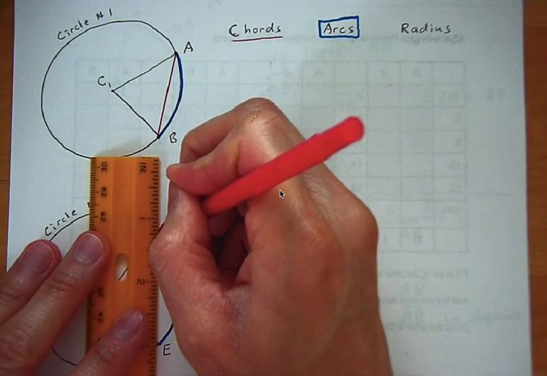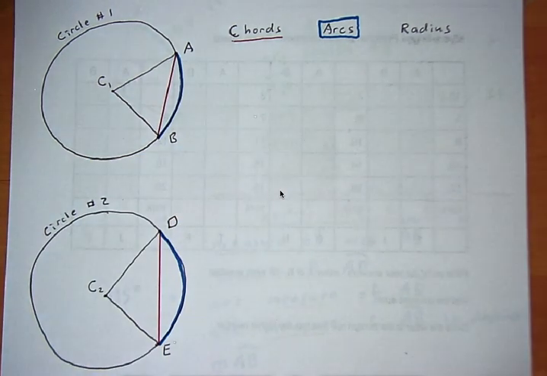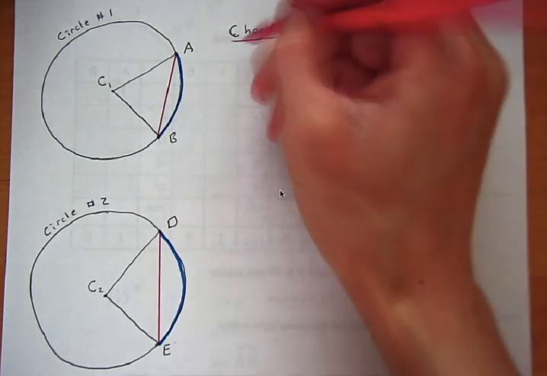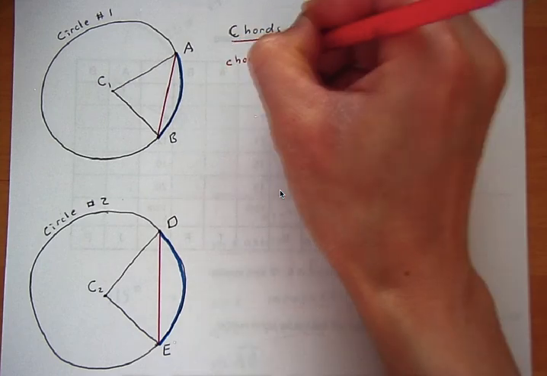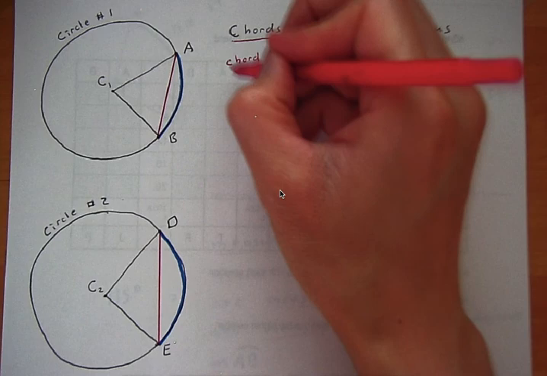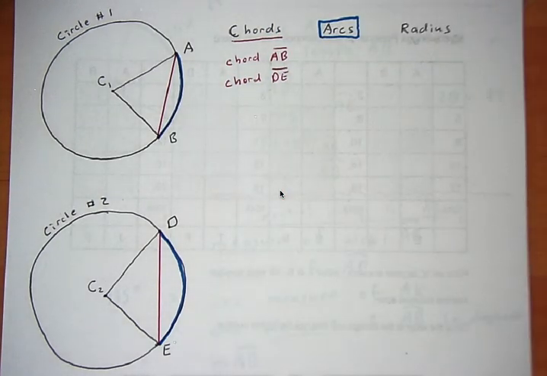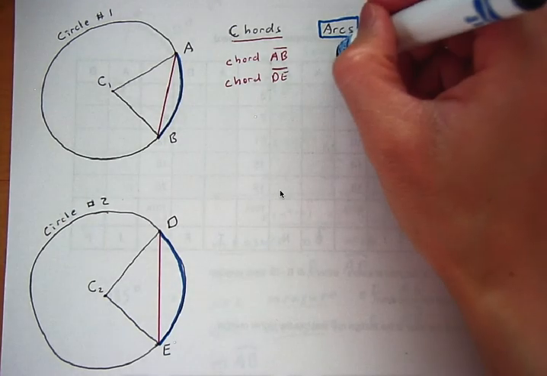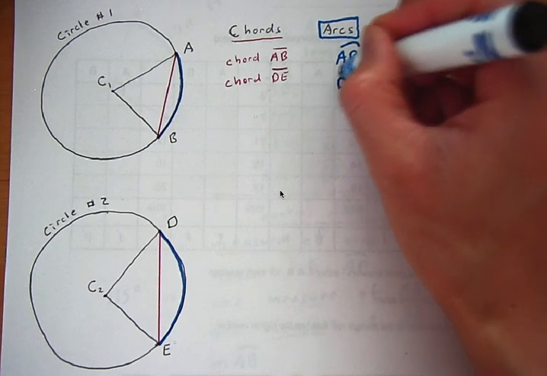And this would be chord DE. Maybe I should be writing these up here. So sure. Chord AB, and that's a line segment. Chord DE, line segment. And we add arc AB and arc DE lengths.